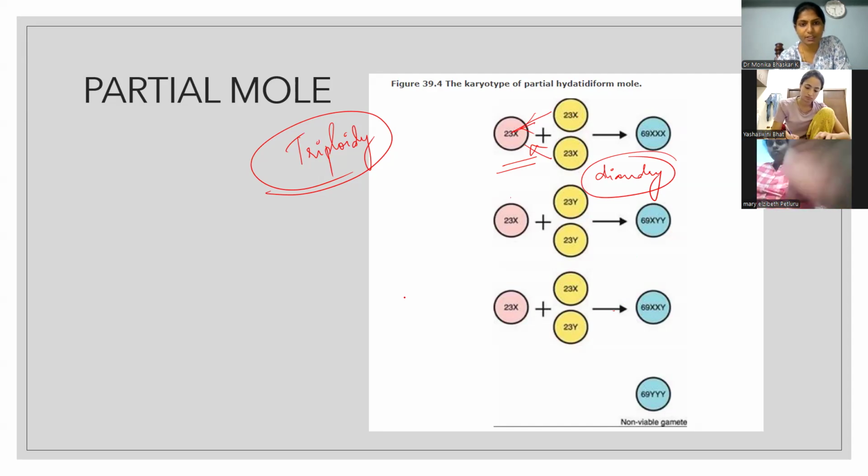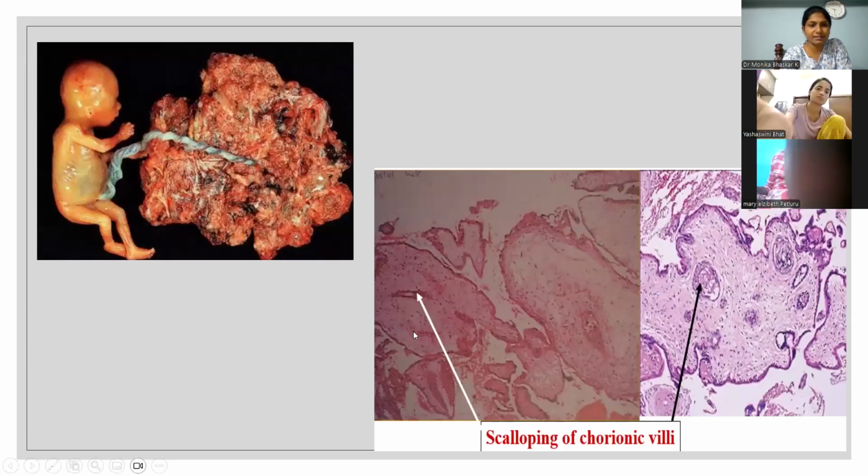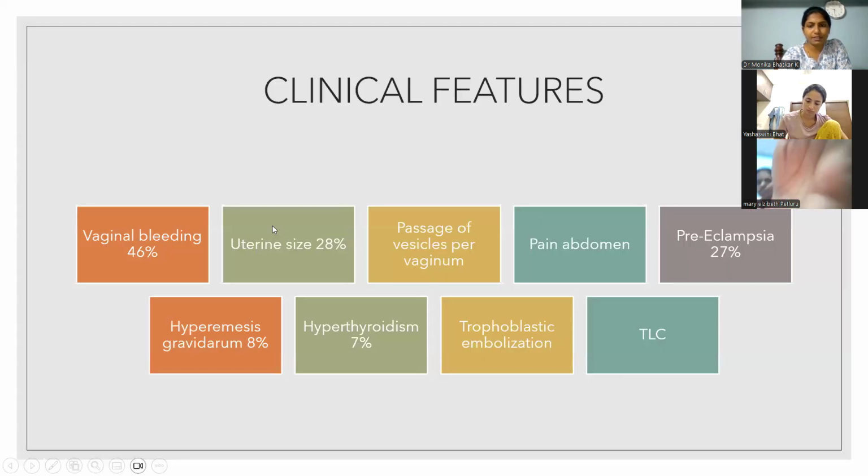Okay, so this partial molar pregnancy will have both the trophoblastic component plus the fetal parts. This is how we differentiate it from a complete molar pregnancy. We can see a fetus along with the proliferation of the trophoblastic tissue.